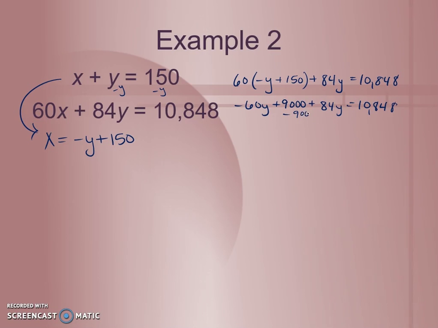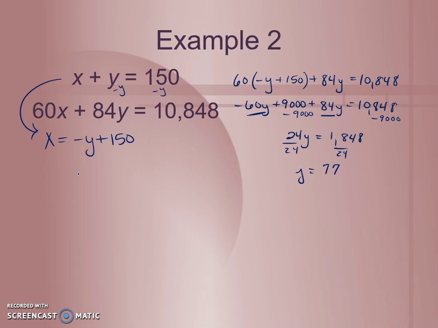So I'm subtracting my 9,000, and I'm combining my like terms. I get 24y equals 1,848. Divide by 24, and I get y equals 77.